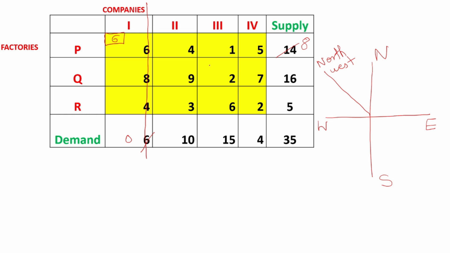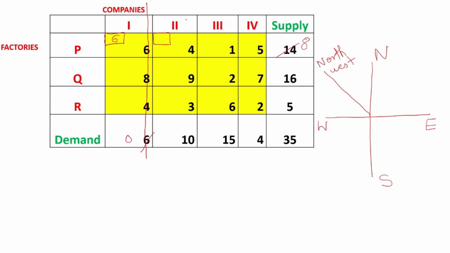Now the same thing again. Consider the directions only of the remaining values and see which value is in the northwest corner. You can clearly see this comes in the northwest, so the next value will be 4. Since cell value 4 is selected, mark it with the corner rectangle like this.